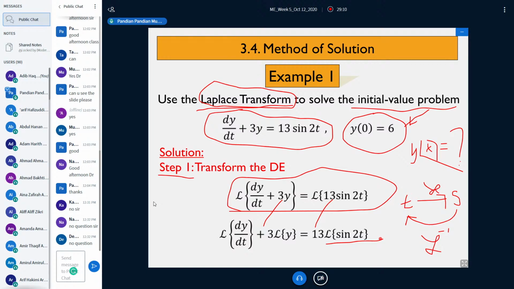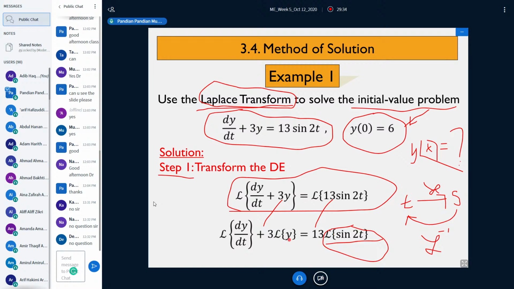If you look at 3.1, you see equation number 4: Laplace of sine kt is k over s squared plus k squared, and k here is 2. So we can find Laplace of sine 2t from slide 18, section 3.1.